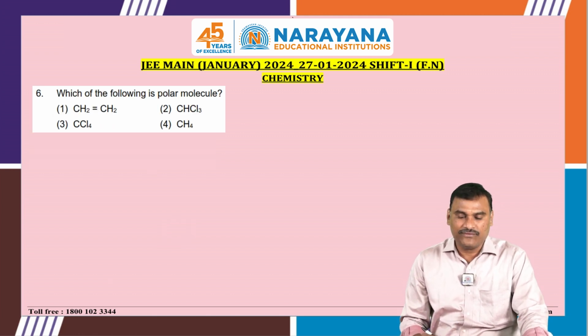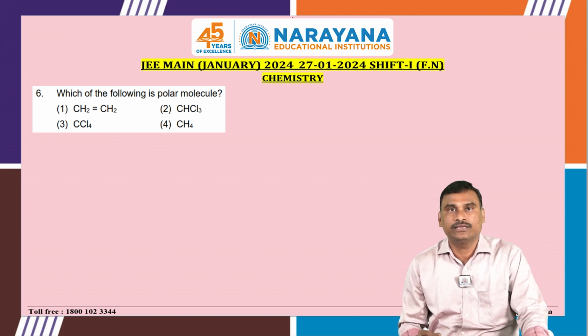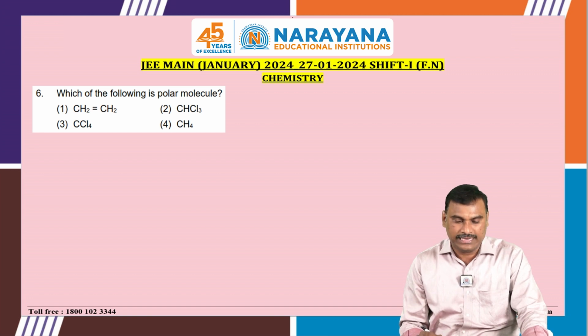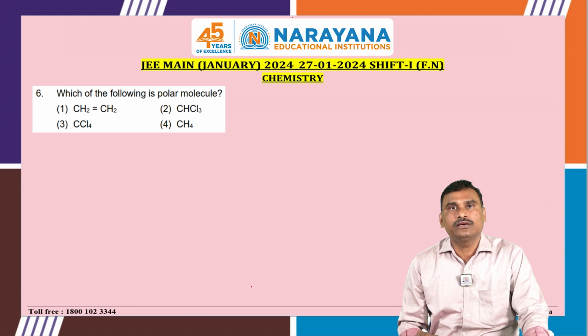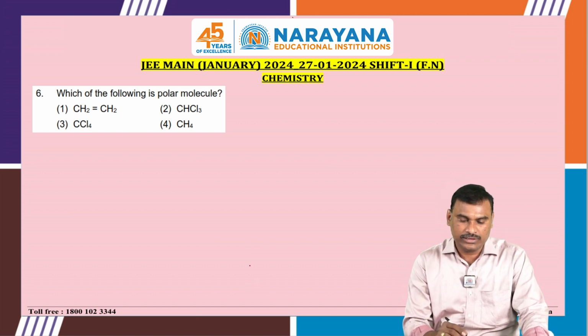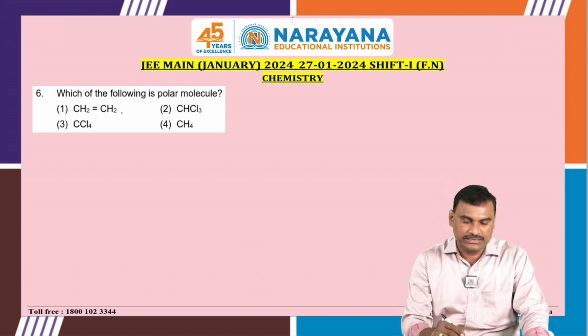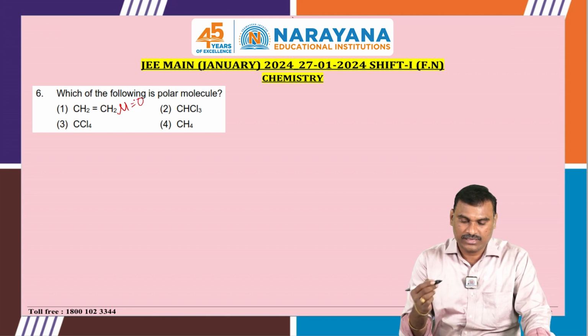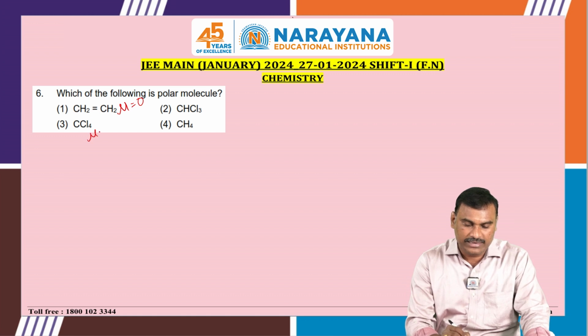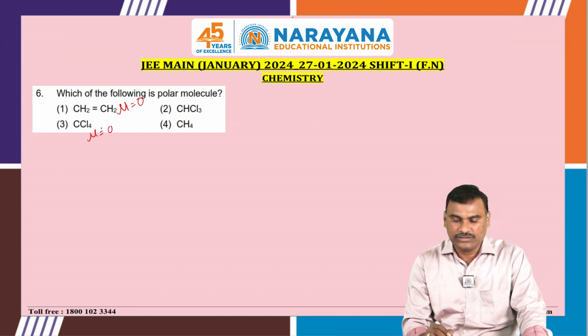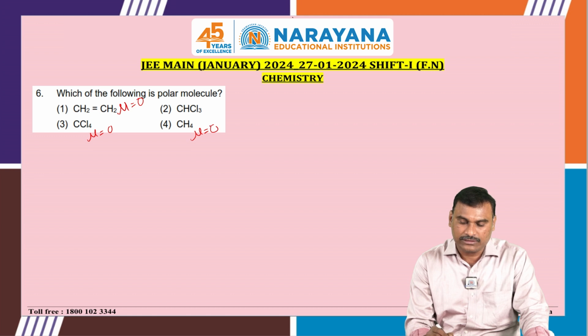Sixth, which of the following is a polar molecule? For polar molecule, we have to consider dipole moment. For a symmetric molecule, the dipole moment is 0. So, ethane is symmetric, the dipole moment is 0. As well as carbon tetrachloride is also a symmetric molecule, the dipole moment is 0. And CH4 is also symmetric, with respect to tetrahedron.